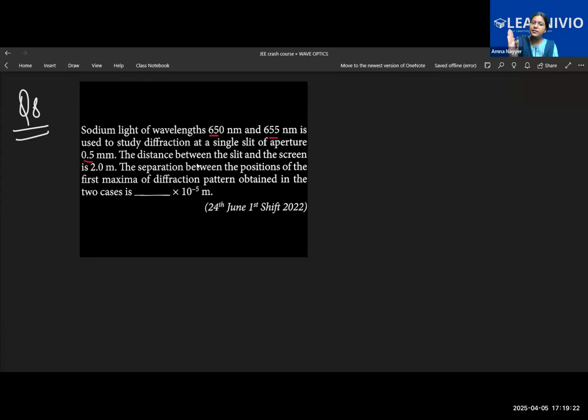Distance between the slit and the screen is 2 meters. That is your capital D, similar to the previous case. It is saying the separation between positions of the first maxima of diffraction pattern obtained in the two cases. So what has happened when 650 nanometer light is showered and 655 nanometer? One wavelength is 650 nanometer, the second wavelength is 655 nanometer.